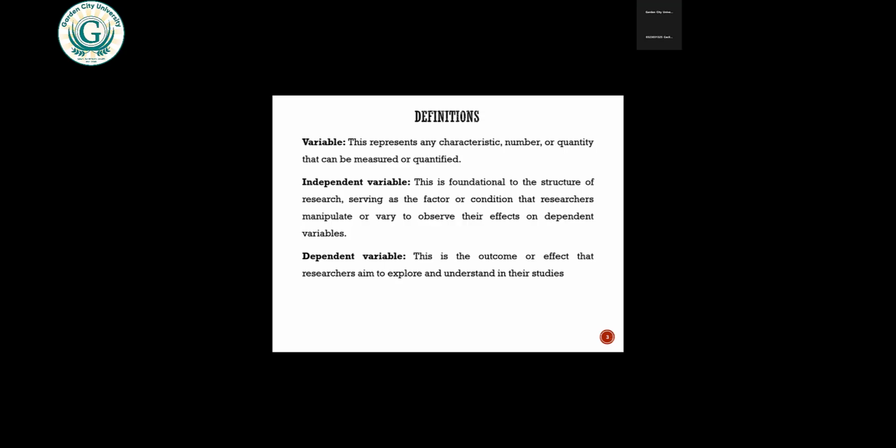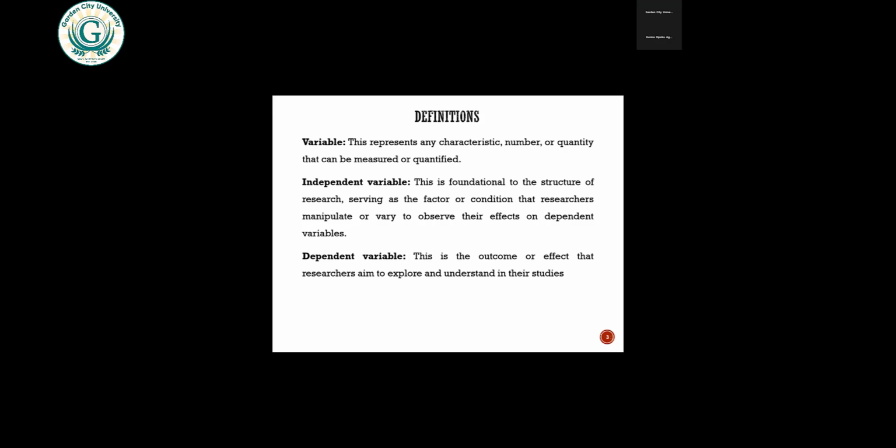That is what a variable is. It is a characteristic, a number, or a quantity that can be measured or quantified.